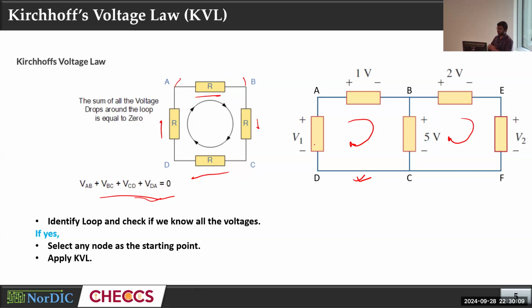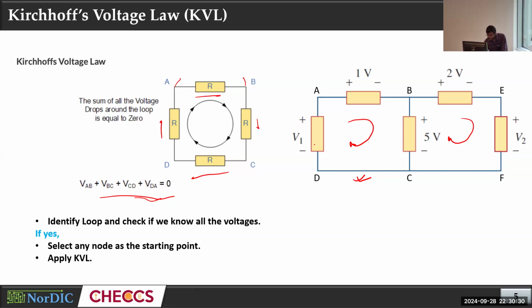If we don't know them, we will see that in the next slide. Is that clear? So there are two types of scenarios when applying KVL. The first is if we know all the voltages, which is pretty simple: we can directly apply KVL.